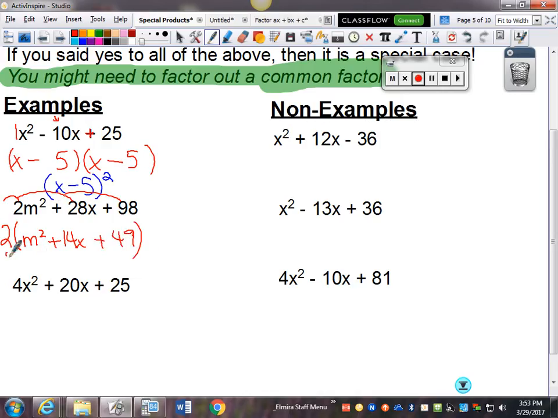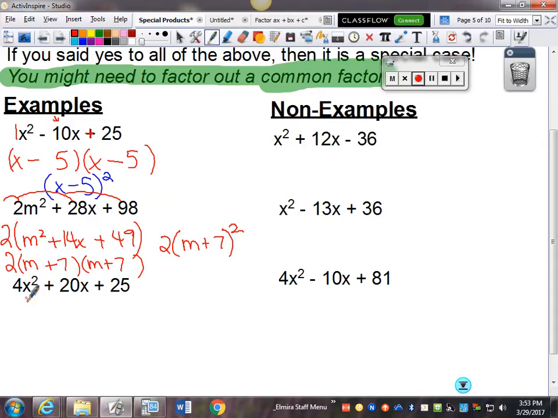So now I do have a situation where I've got a perfect square in the parentheses for A and for C. So m plus 7, m plus 7, 2 times m plus 7 squared. Just don't forget about the 2. You have to carry it down. Don't forget that leading coefficient.